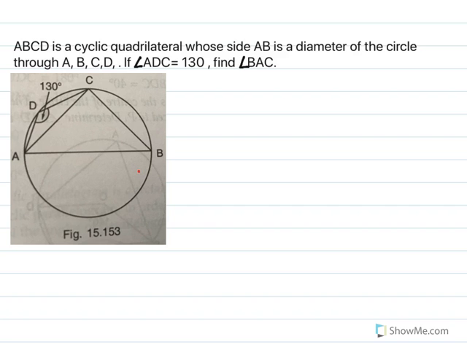ABCD is cyclic and ADC is given as 130. So we've got to find the angles. So let's mark the cyclic. ABCD is cyclic.